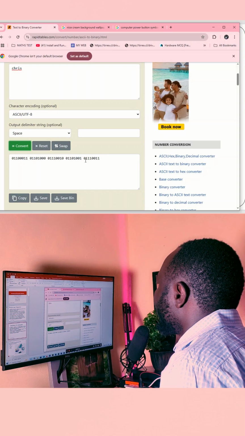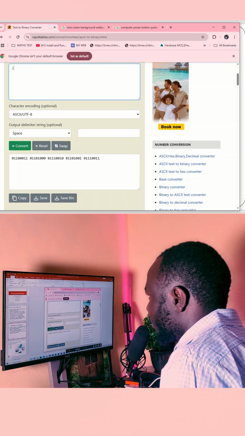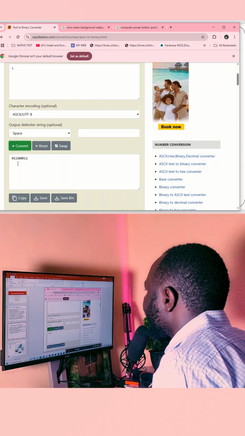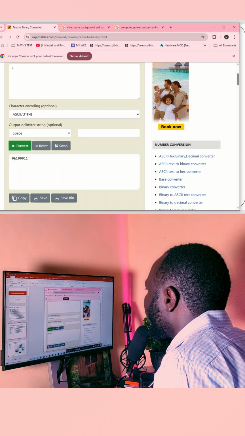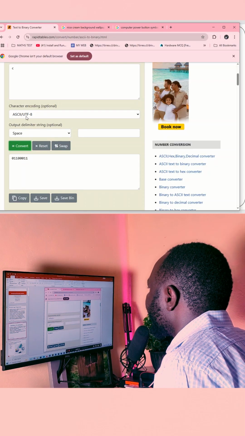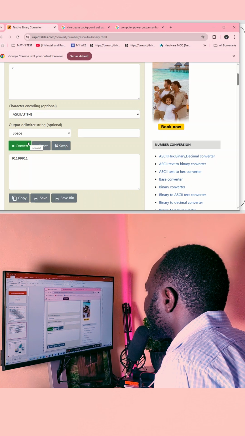This is what a computer understands when you type the word Chris. The letter C alone, this is what the computer understands: 0, 1, 1, 0, 0, 0, 1, 1. That is the letter C in machine language or in computer language.